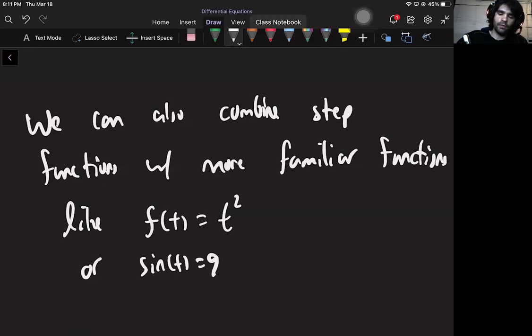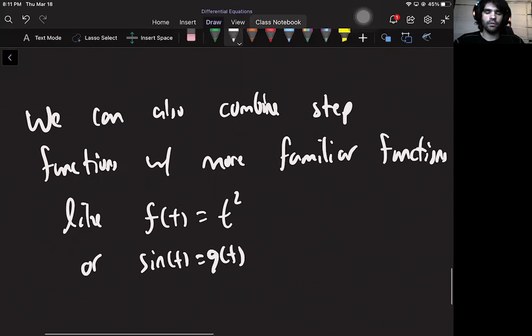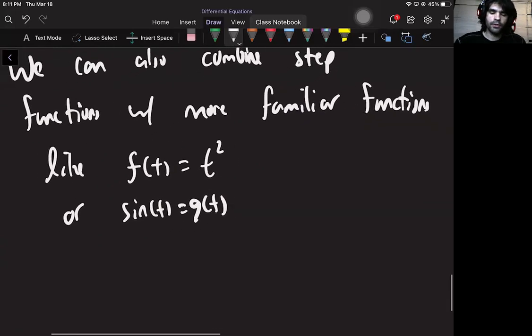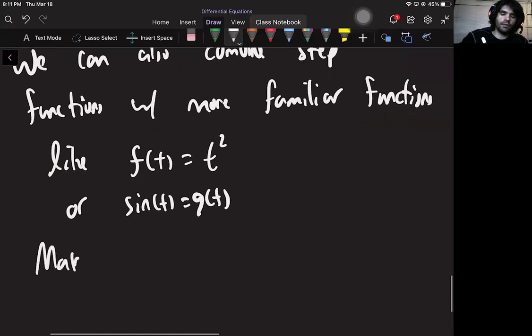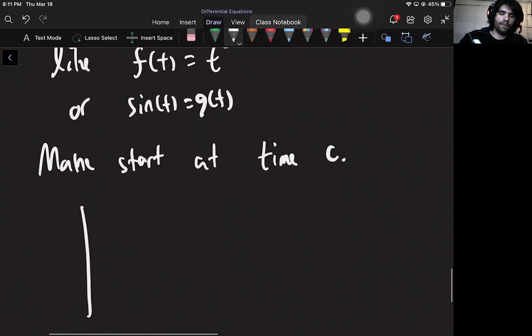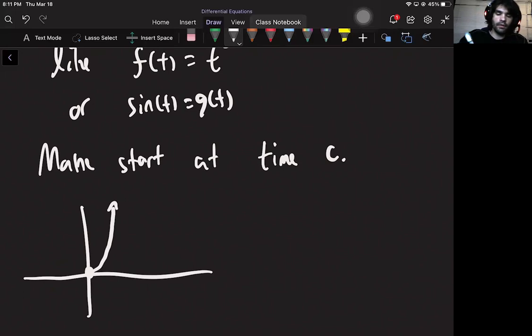Oops, I should have put the name on the right. That's okay. G of t will be sine of t. So the idea is that you can take these functions and you can make them start at a different time, instead of at 0. So for example, f of t, that's the parabola. And if I'm just looking at positive time, it looks something like this.